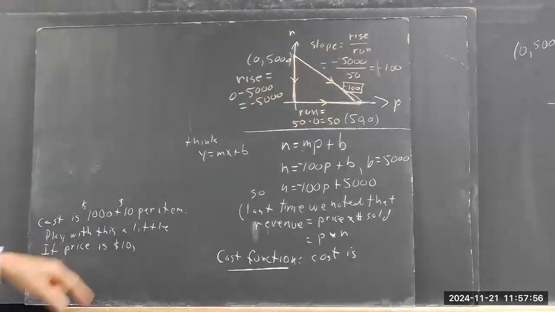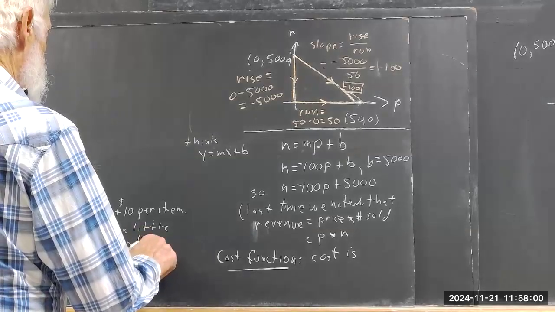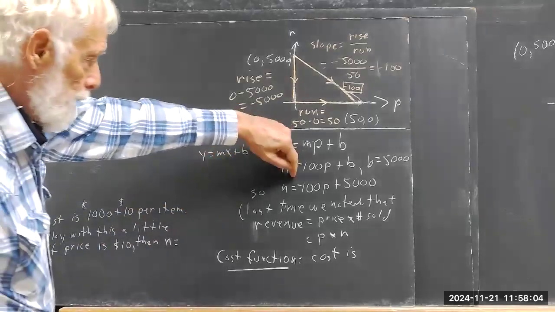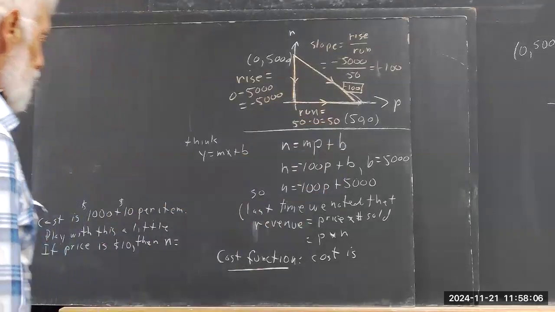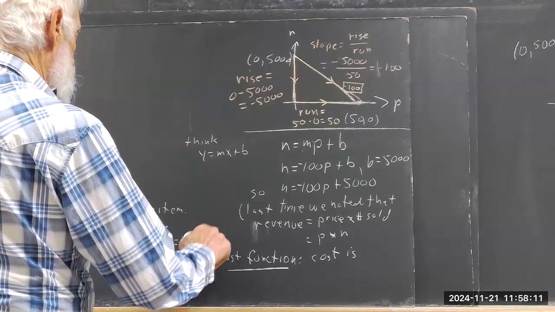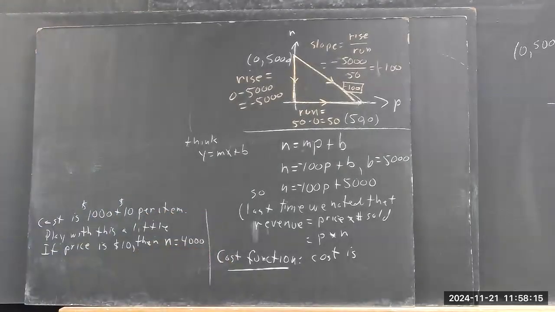The price is $10, and it's easy to see. And N equals what? Well, negative 100 times the price plus 5,000. Work that out yourself, but you'll find that it's 4,000, right?